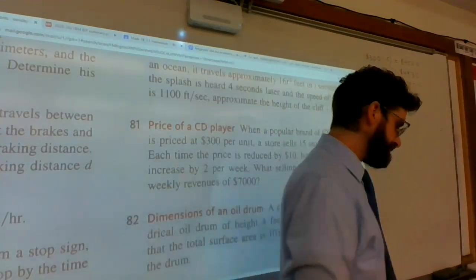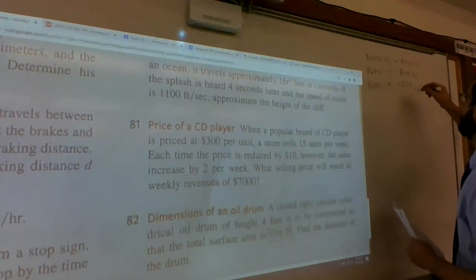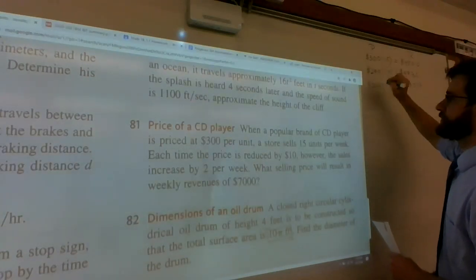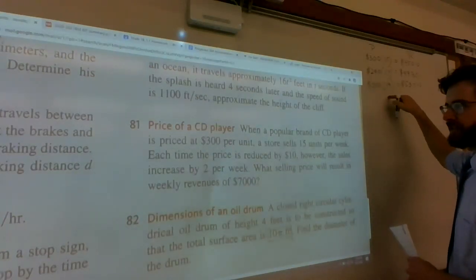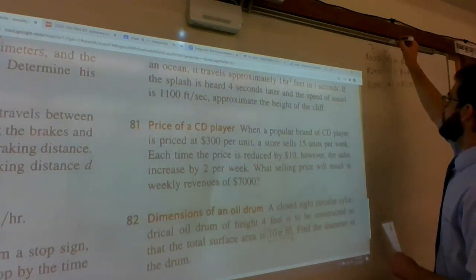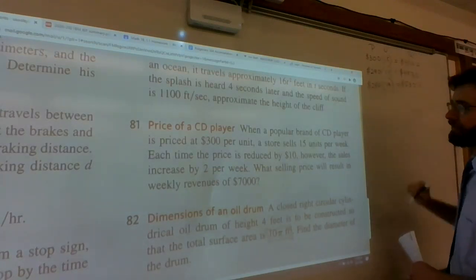Here's the thing, though. I'm seeing a pattern. Here's my revenue, here's my price, and here's the number of units sold. So when I take price times units, I get revenue.